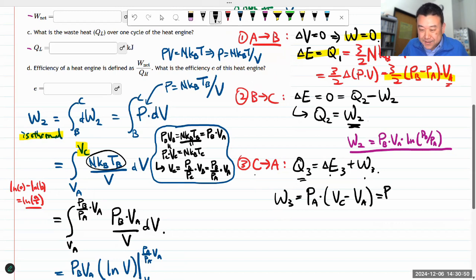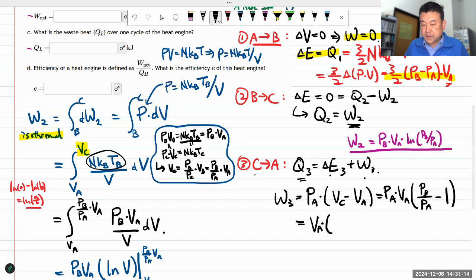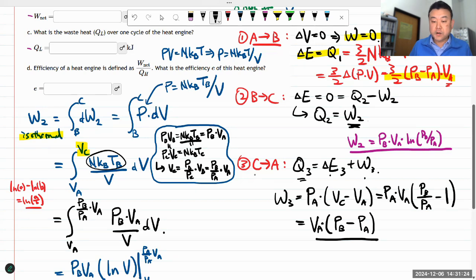So PA times, I'm going to factor out VA after doing the substitution. Then I have PB over PA minus 1. And I can do one more step of simplification, multiplying PA into this part, distributing it in. Then VA is still outside, and PA here cancels, so I get VA times PB minus PA. So beautiful. That's the amount of work being done.